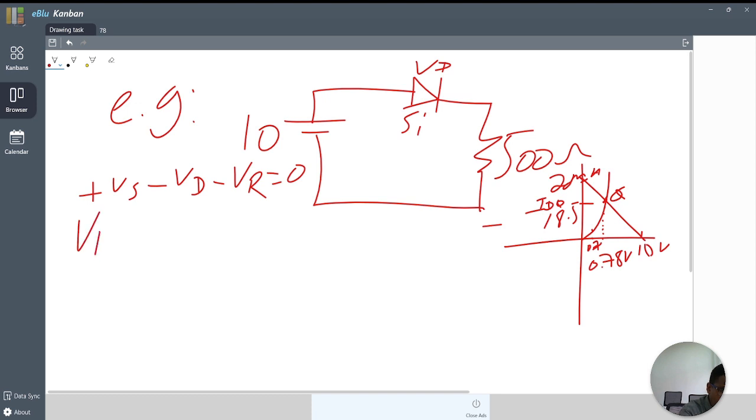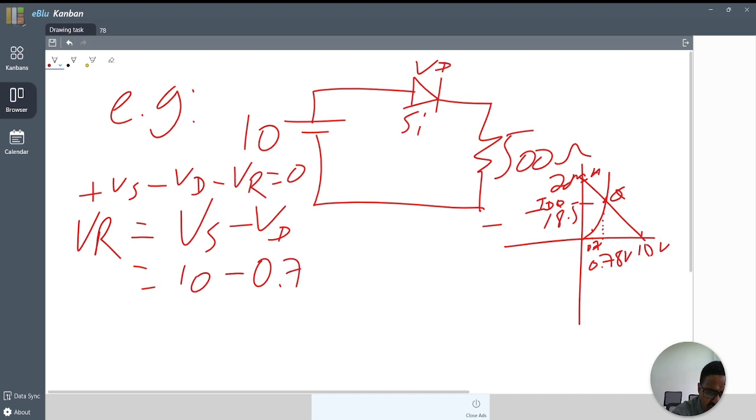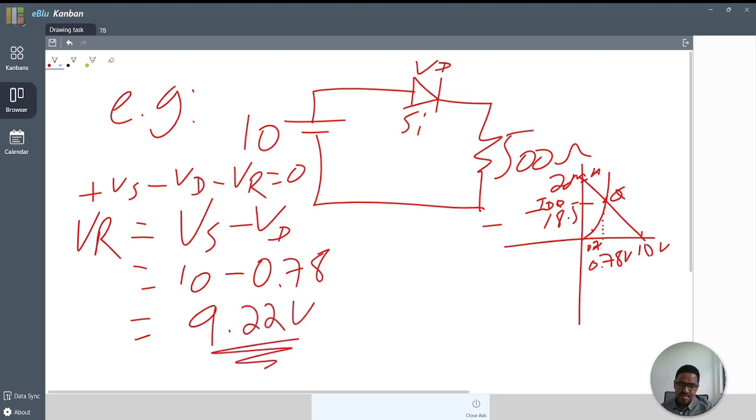Then VR equals V source minus VD, that means 10 minus 0.78. So VR becomes 9.22 volts. So the voltage across the resistor becomes 9.22 volts.